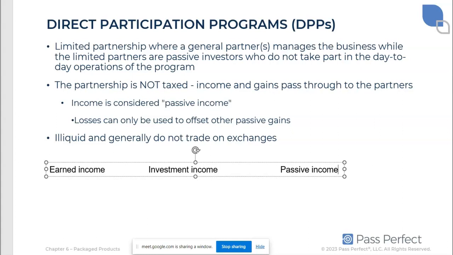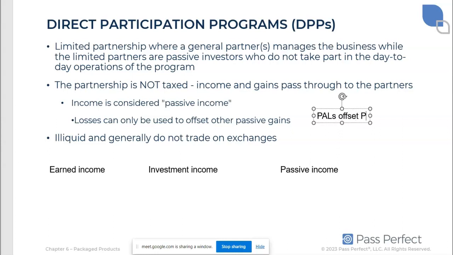Okay. This happened in the Tax Reform Act of 1986. Prior to that, your passive income losses could offset earned income. Not anymore. So the phrase that we're going to use to help us remember this is that PALs offset PIGs.